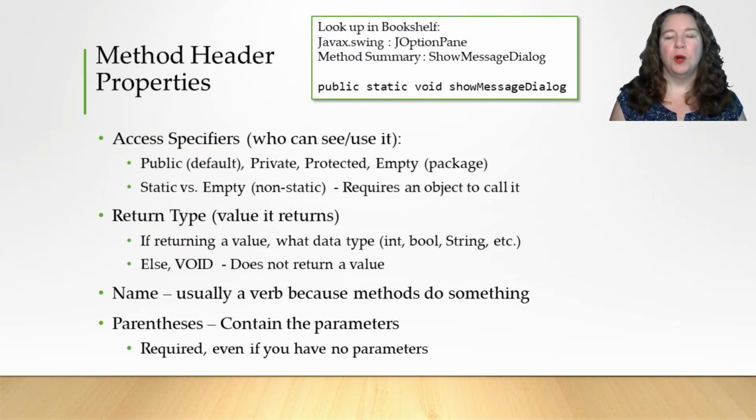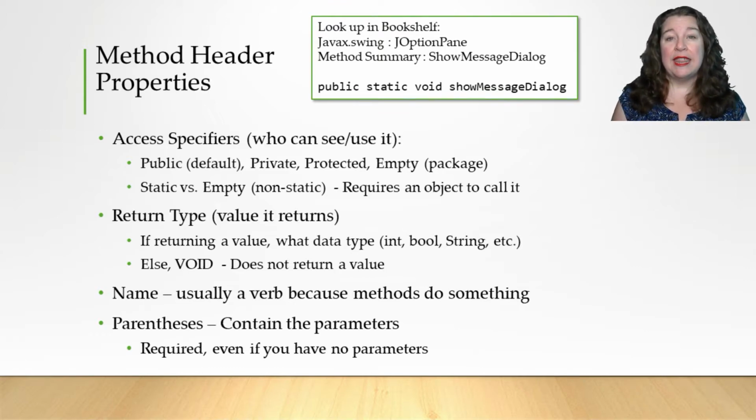So let's look more at that header. As I said, the header has 4 things: the access specifiers, the return type, the name, and the parentheses. Your access specifiers are going to determine who or what can see it and use it. So we have public, private, protected, or nothing, empty, which is just generic for anything within its package.